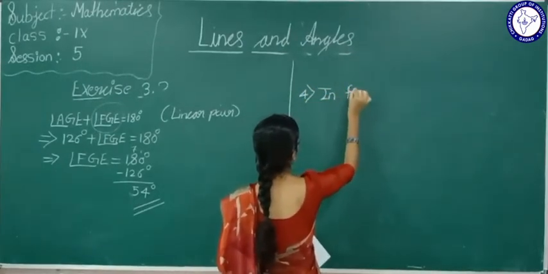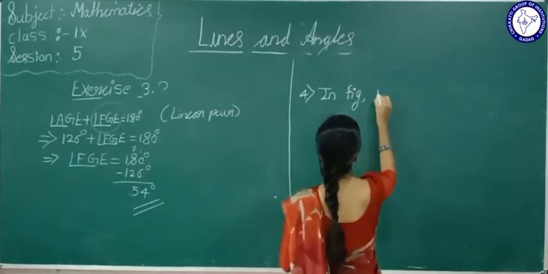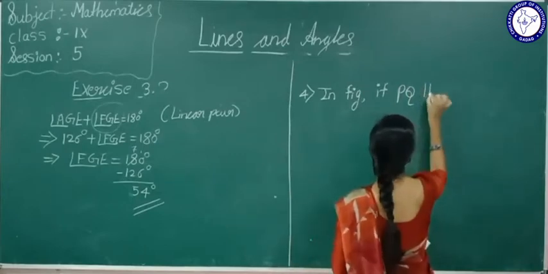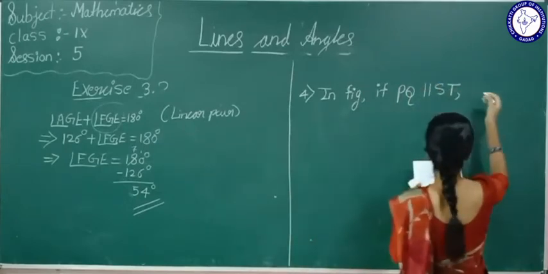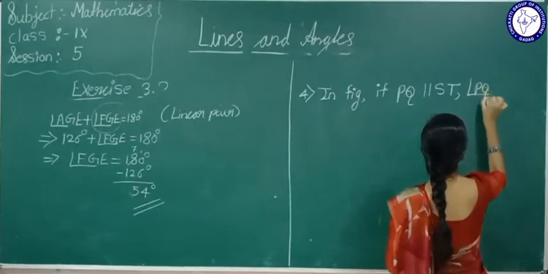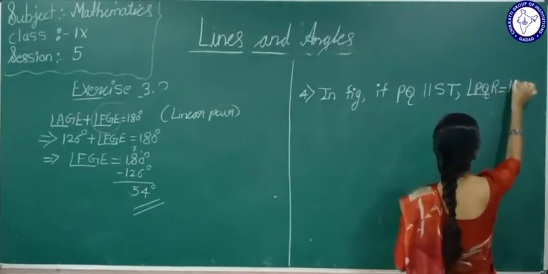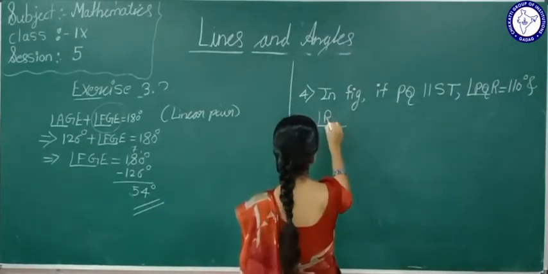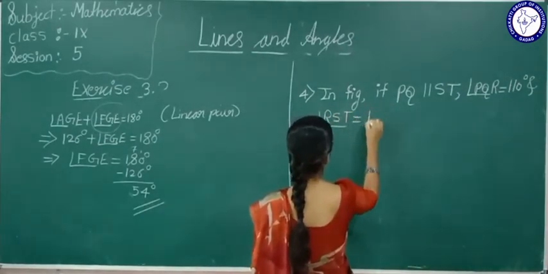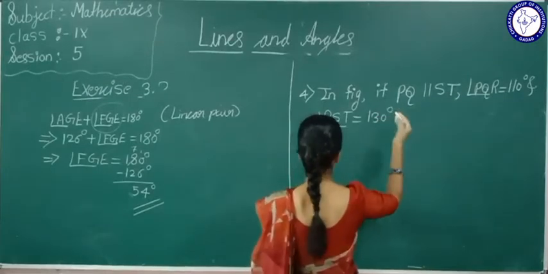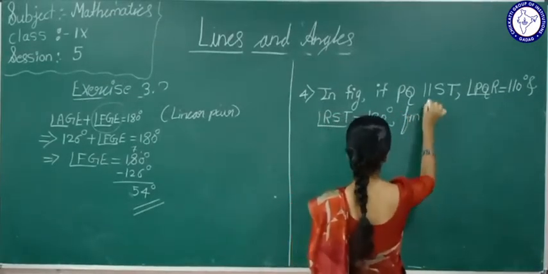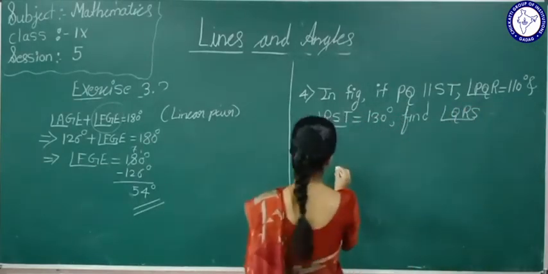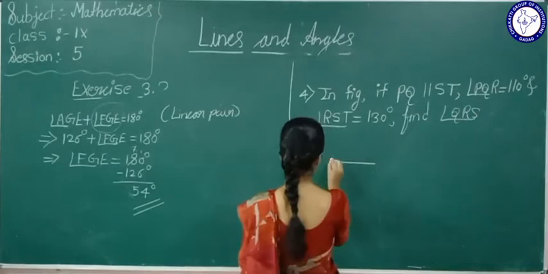In the figure, if PQ is parallel to ST, angle PQR is equal to 110 degrees and angle RST is equal to 130 degrees, find angle QRS. The given figure is here.